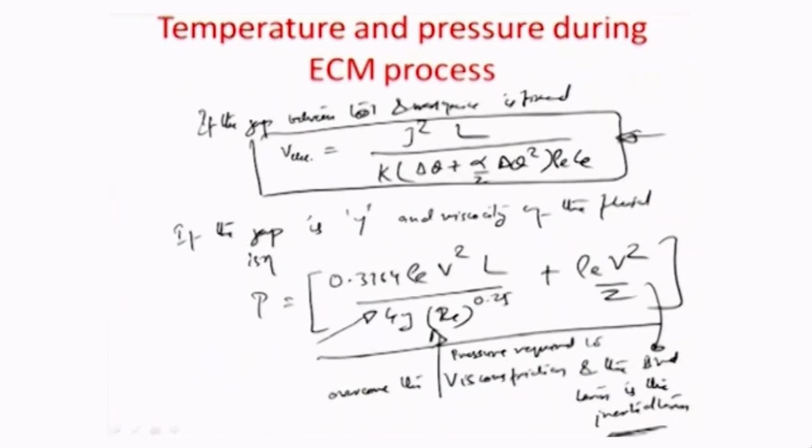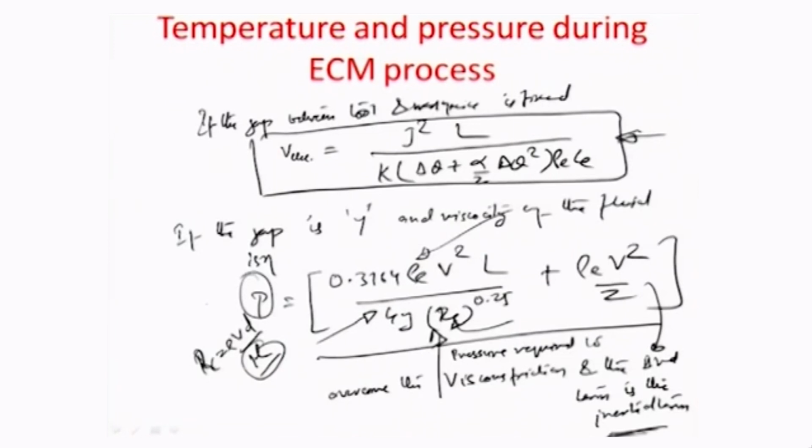The expression here, Reynolds number, of course, contains the viscosity, which is rho V d by mu. And because of this mu term, or because of the predominance of surface effects at low Reynolds number scales, this term may sometimes dominate and may be very critical for investigating the pressure in that small gap region of an electrochemical machining process.